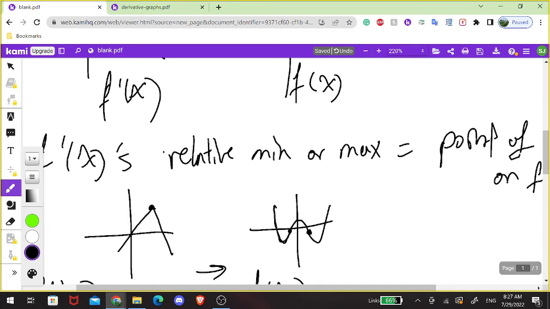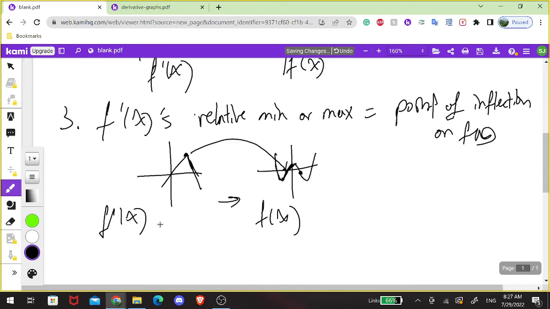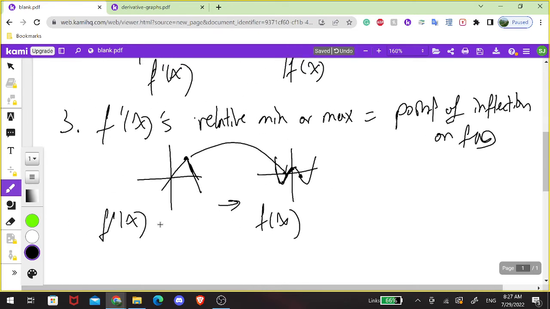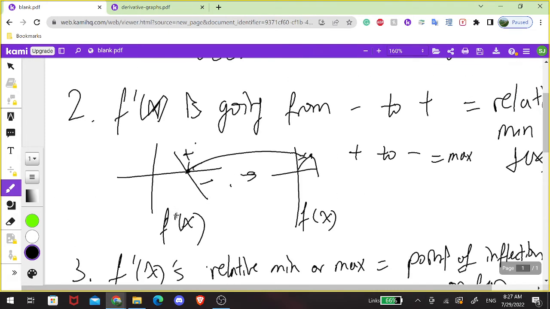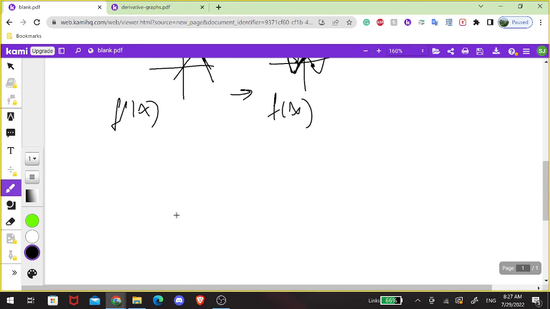If our slope is going from the most positive to less positive, then this point of inflection will correspond to this one, because this is an increasing slope, to the point of inflection, and then the slope starts decreasing, and it starts here. So f prime's min or max is equal to the point of inflection on f of x. Right now you can just write these down, and as you do more practice, all of these will start making sense.